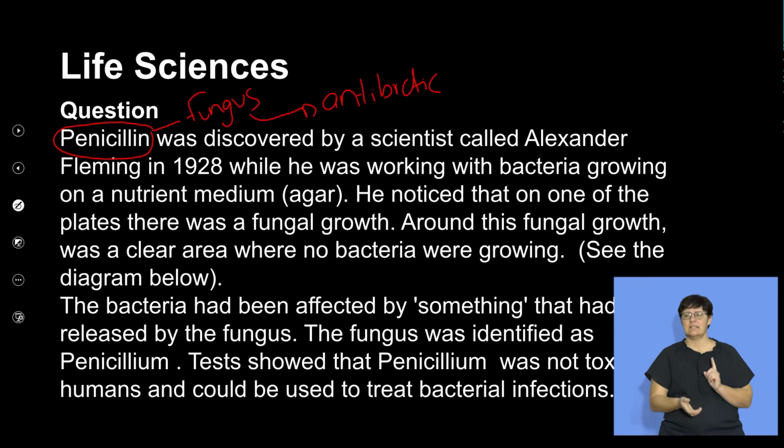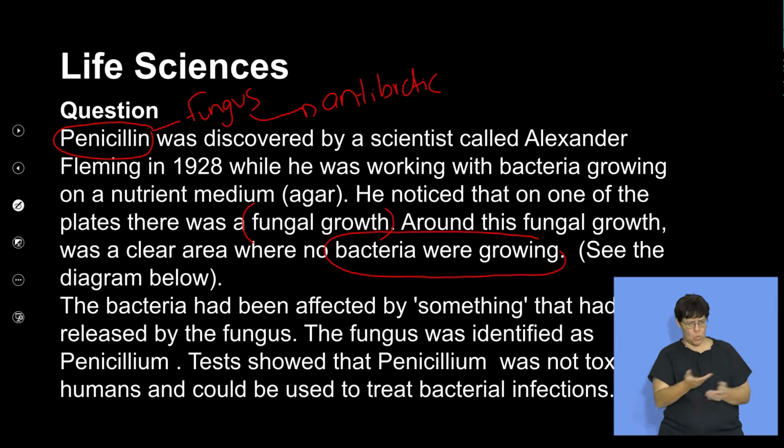Penicillin was discovered by a scientist called Alexander Fleming in 1928 while he was working with bacteria growing on a nutrient medium, agar. That's what you use for bacteria to grow. He noticed that on one of the plates there was a fungal growth. Around this fungal growth was a clear area where no bacteria were growing. And I'll show you the diagram that attaches there.